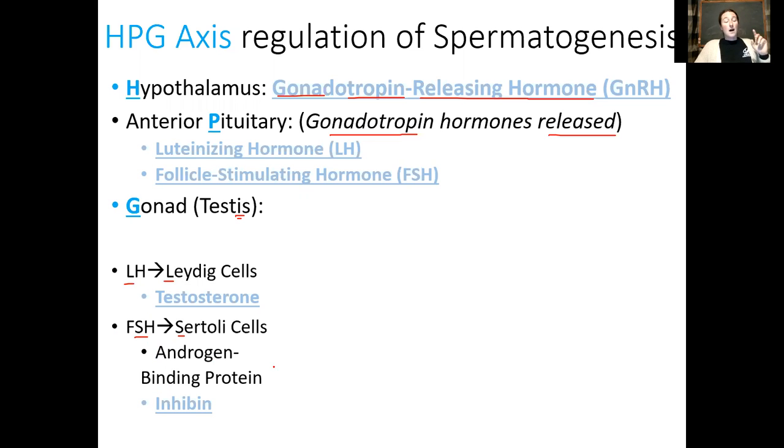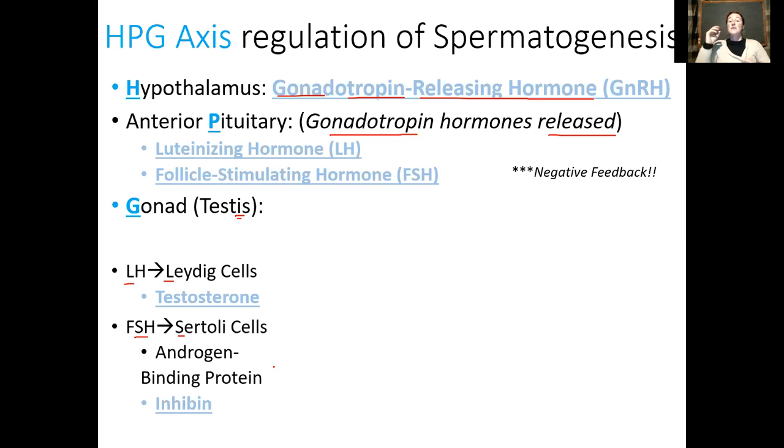Okay. In addition to releasing androgen binding protein, the Sertoli cells are also going to release a hormone, right? So gonadotropin hormones, they're going to release lots of hormones. So inhibin is yet another hormone that is going to be released in this process. As the name suggests, this is going to inhibit something. It's going to put the brakes on something.